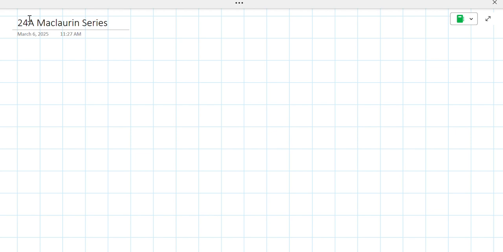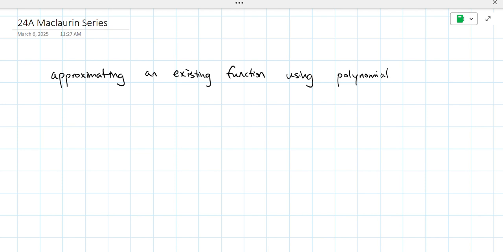We'll learn that why in a second, but let's just first think about what it is. What is it first? Maclaurin series is a way of approximating an existing function using polynomial function.